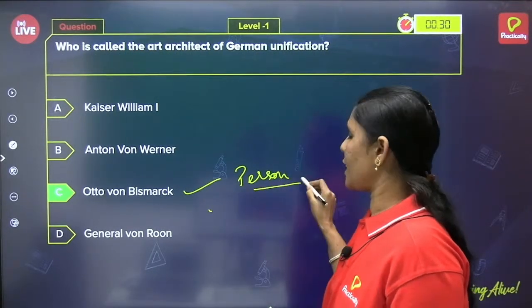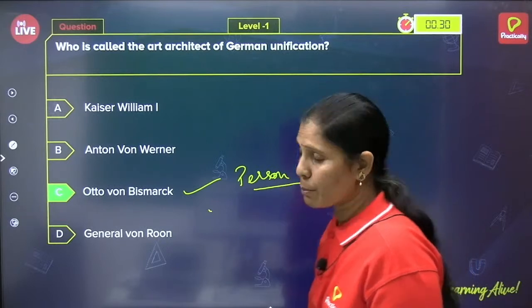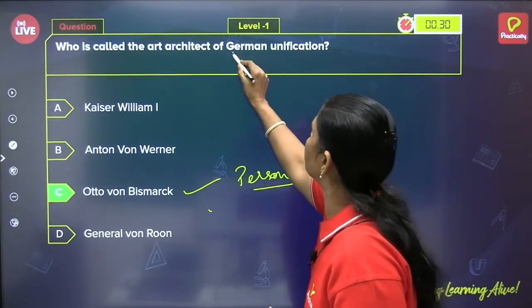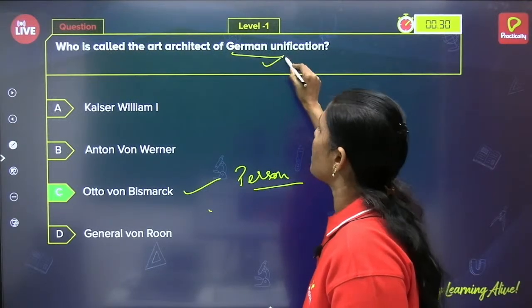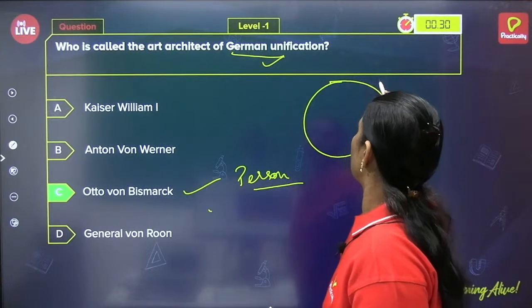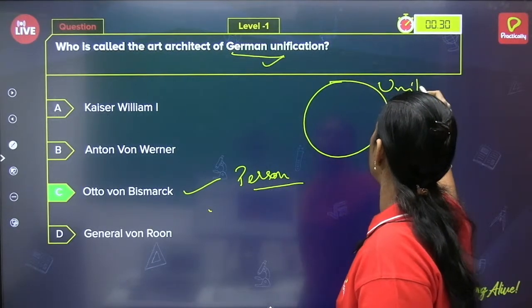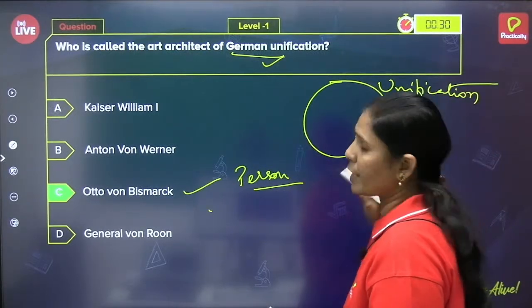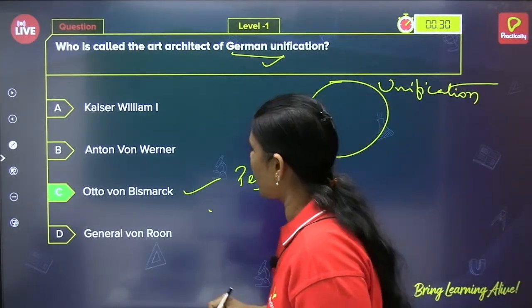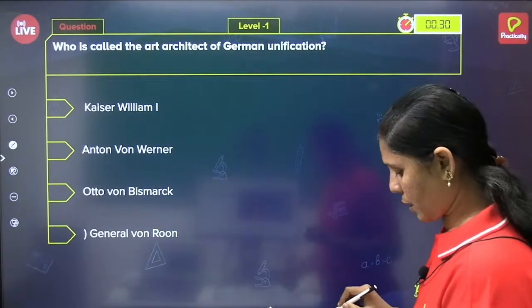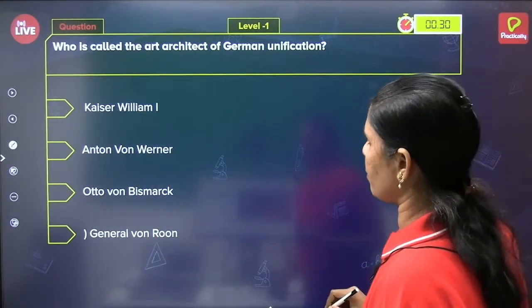Ottoman was an Islamic empire, and Otto von Bismarck was an architect. That means a main person who designed or made the country formation, that means unification, unifying the territories which were under different controls. So this was done by Otto von Bismarck.